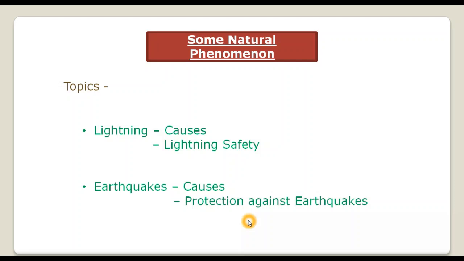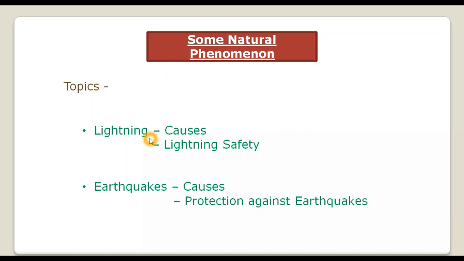We are going to discuss two very important phenomena which take place around us, in our nature, and we come across these in our day-to-day life. One such phenomenon is lightning. You would have experienced lightning during the rainy season.